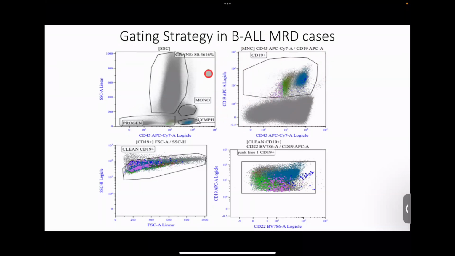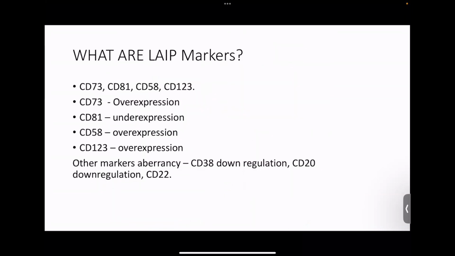But when there is no CD19, when the patient has received anti-CD19 therapy, that is blinatumomab, then we'll have to gate the blasts or the abnormal progenitors with the help of CD22 or CD24, which is being recommended worldwide. Along with CD22 and CD24, we have to use other markers, that are the LAIP markers.